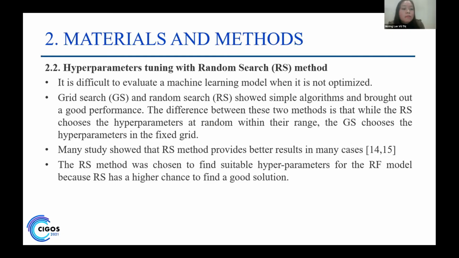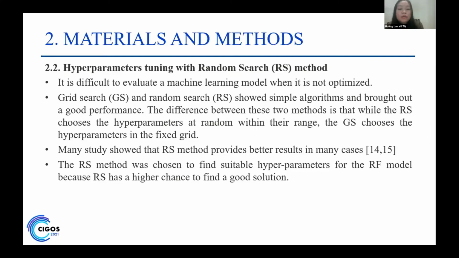2.2. Hyperparameter tuning with the random search method. It is difficult to evaluate a machine learning model when it is not optimized. Grid search (GS) and random search (RS) are simple algorithms that bring good performance.